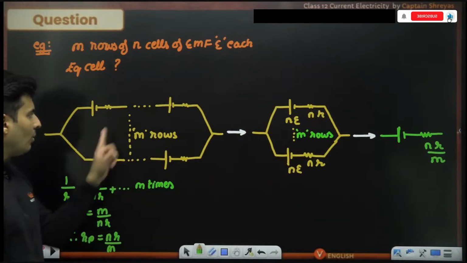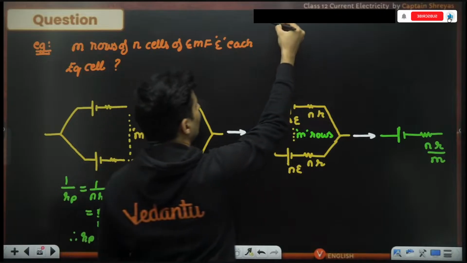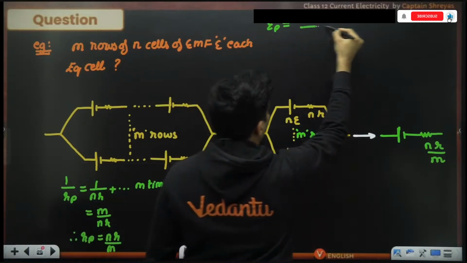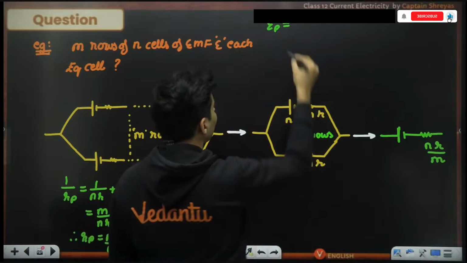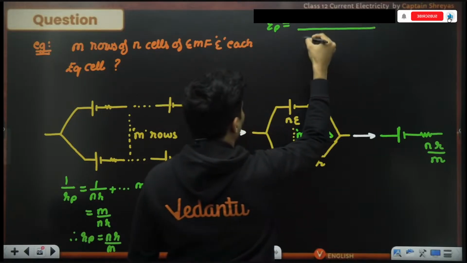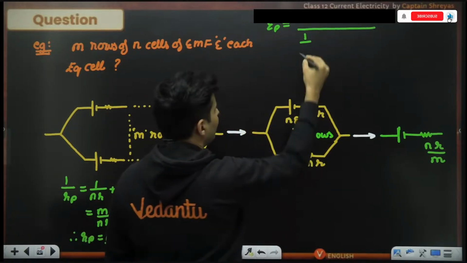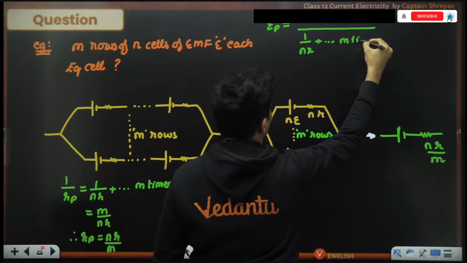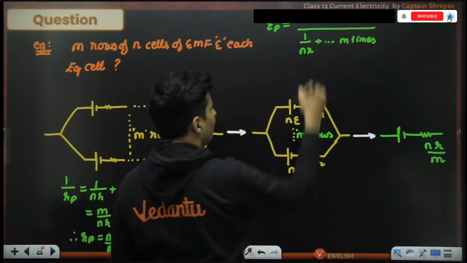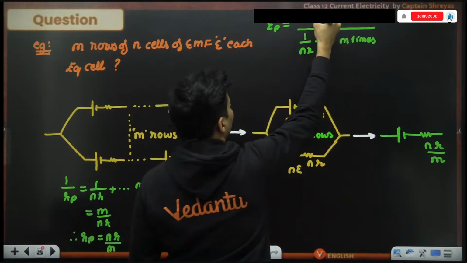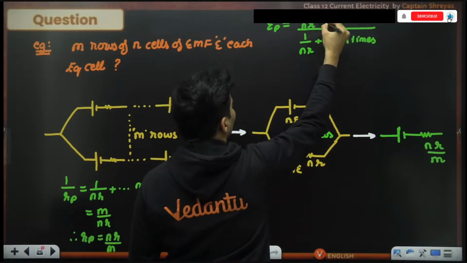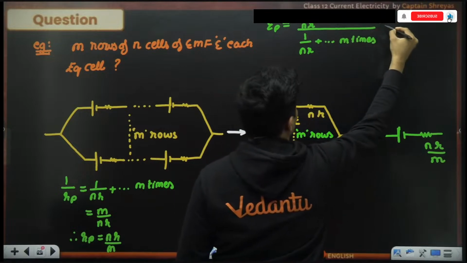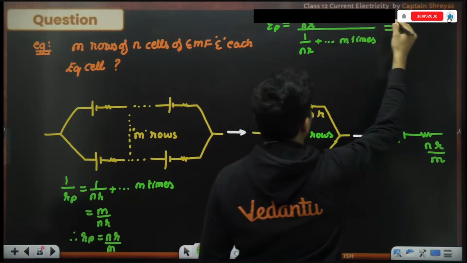Cool. How about the EMF? Let's use the formula. EP will be, okay, we have a big thing over here. 1 by R1, R1 is nr. So 1 by R1 plus 1 by R2, like that, m number of times. E1 by R1 will be nE by nr, also again m number of times. So n cancels.